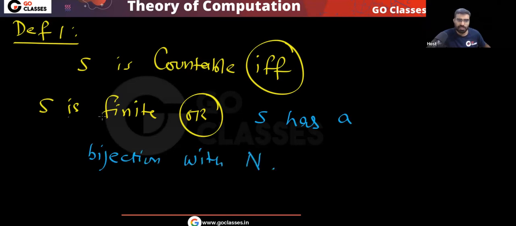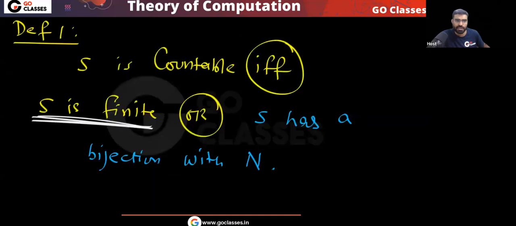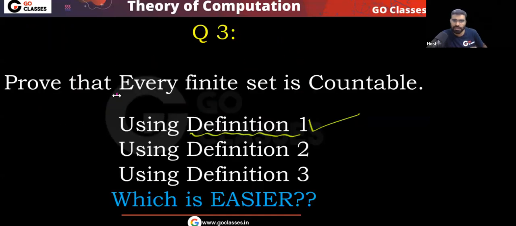So according to definition 1, this is already included explicitly. Using definition 1, you can prove that every finite set is countable, because it is already included in the definition.